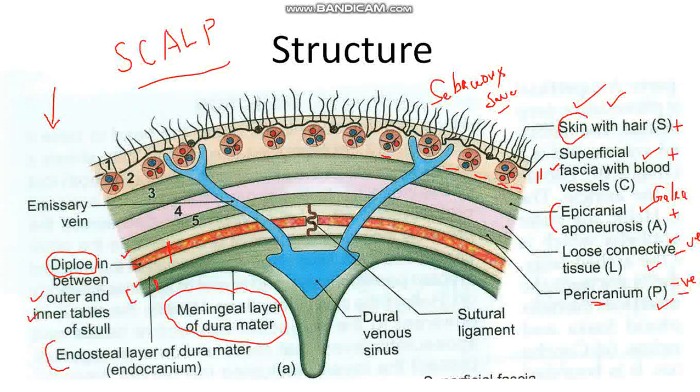Then this loose connective tissue is here. The loose connective tissue is also known as the dangerous area of the scalp, as well as the safety wall.